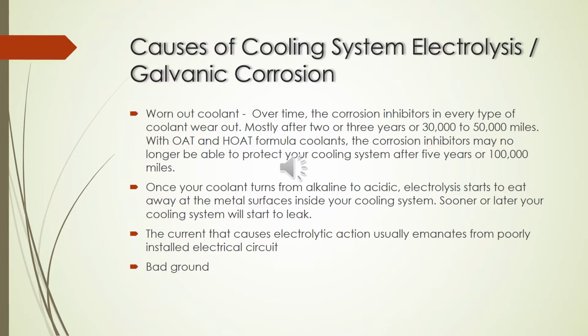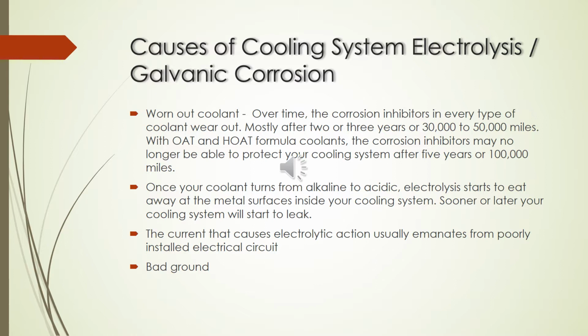Causes of cooling system electrolysis or galvanic corrosion. Point number one, worn out coolant. Over time, the corrosion inhibitors in every type of coolant wear out. I can say mostly after between 2 to 3 years, or after traveling between 30,000 to 50,000, some to 70,000 miles.